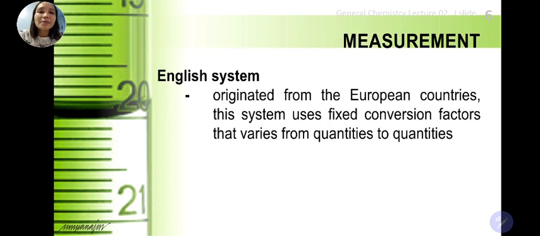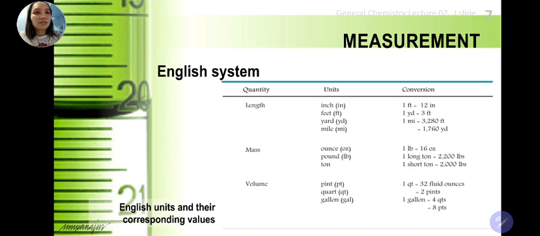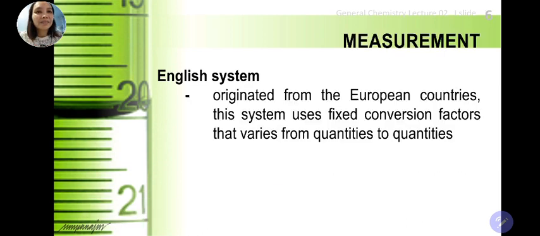Yung English system, it originated from the European countries and uses fixed conversion factors that varies from quantities to quantities. So, it depends kung gaano karami yung quantity natin.